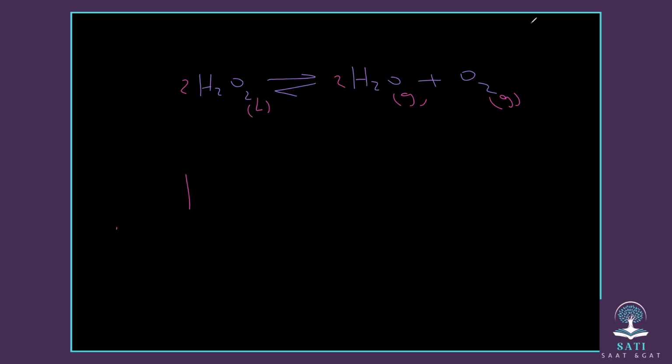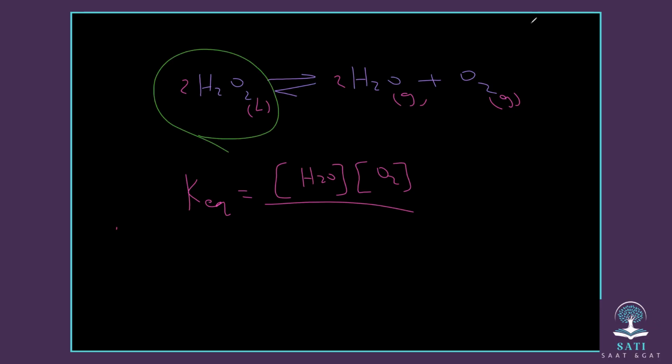As we said, the equilibrium constant equals the products, which is the concentration of H2O times the concentration of O2, over the reactants. But what are the reactants here? The reactant is, as you see, H2O2. But what is its state? Its state is liquid. So when you write H2O2 and it is liquid, just eliminate it.